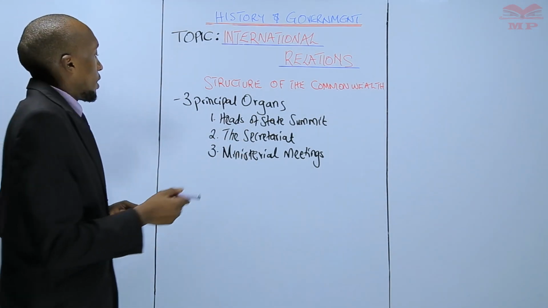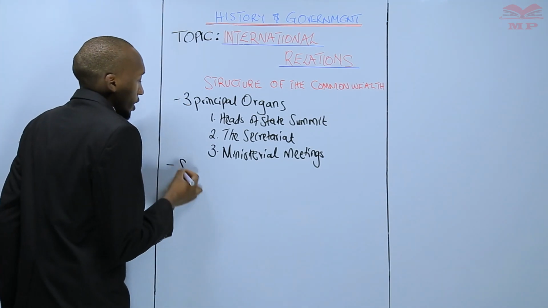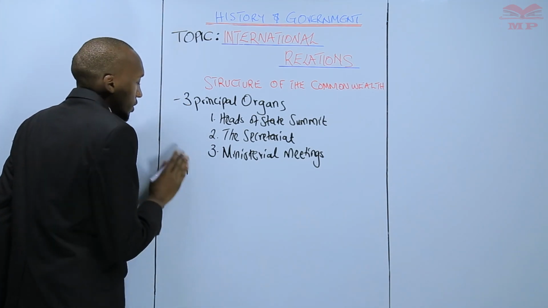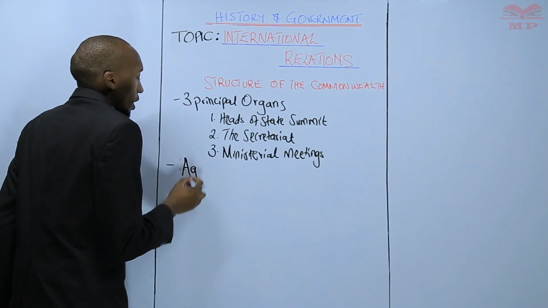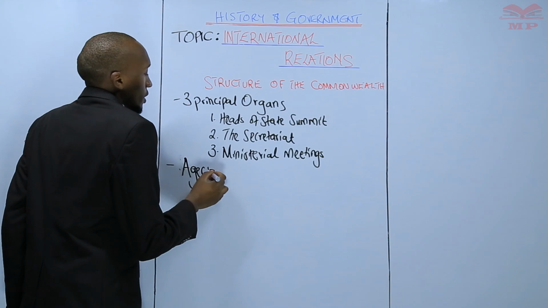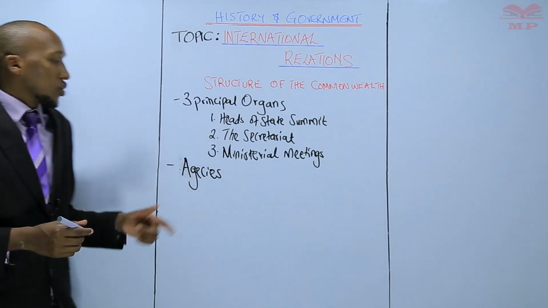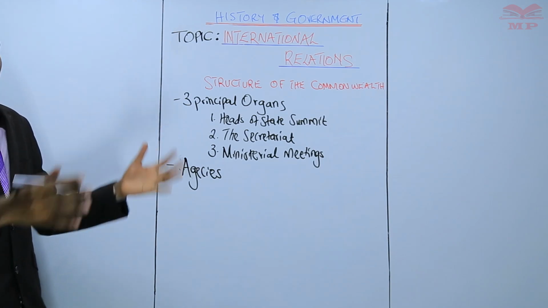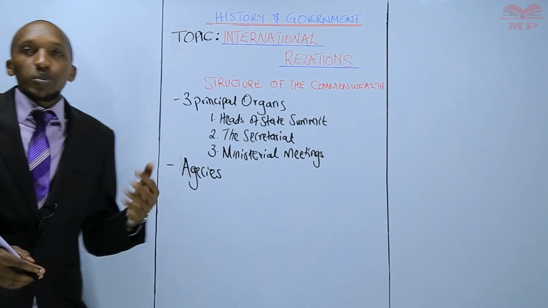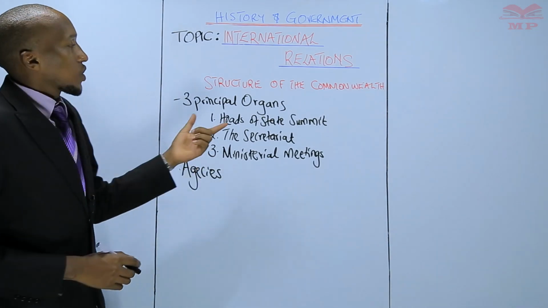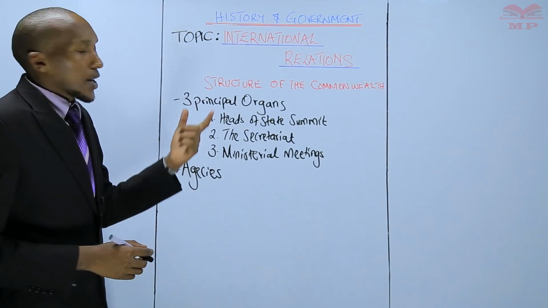Apart from the three principal organs, it also has some other specialized agencies that help it in running its affairs. We are going to study them as well. So in the structure of the Commonwealth, we have three principal organs: the heads of state summit, the ministerial meetings, and also the secretariat.